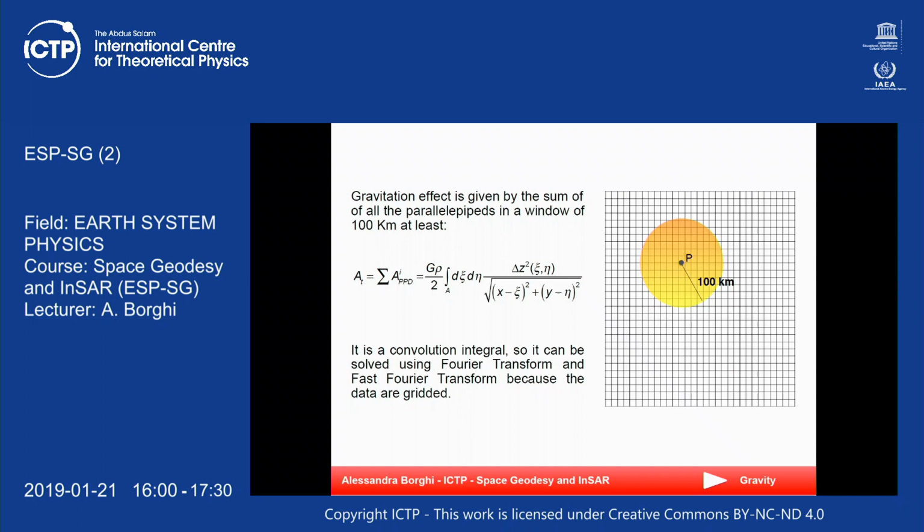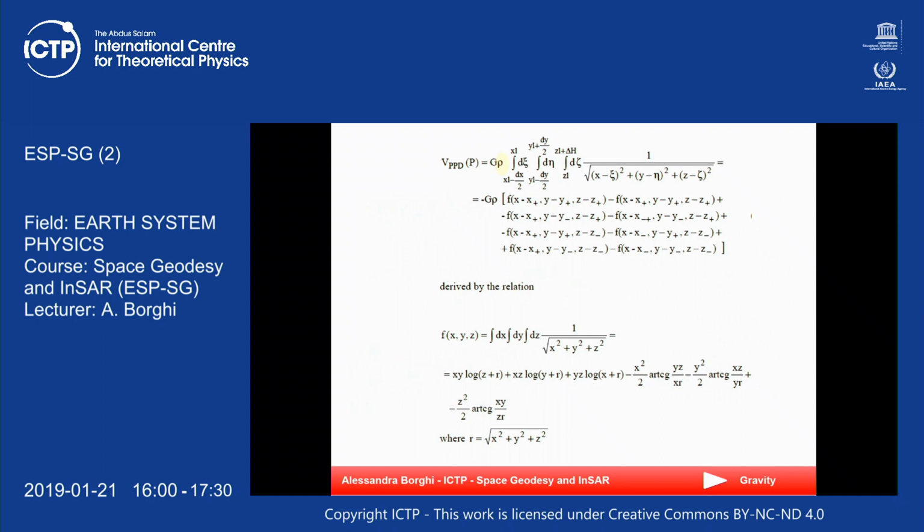Can I ask? Yes. What about the sum of all the parallelepipeds? I mean, is there a weight for each parallelepiped, related to the distance between them? It's given by the formula, because in the formula the distance is implicit, you can see differences in the coordinates.